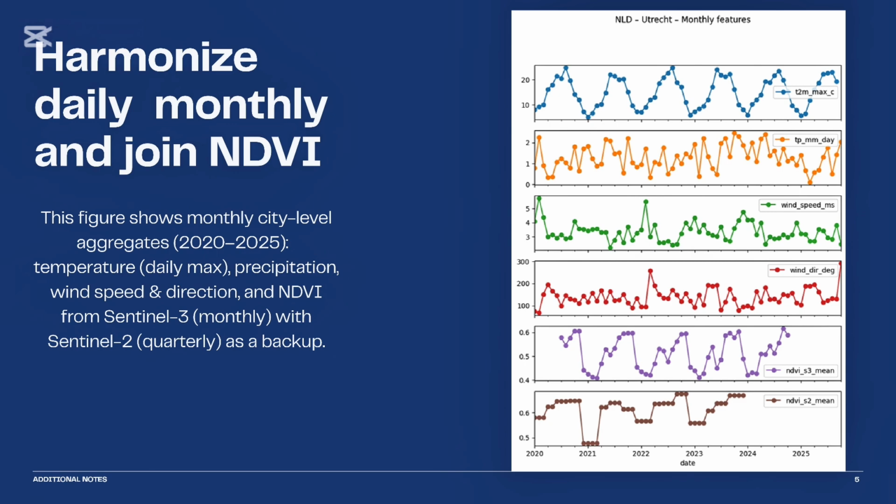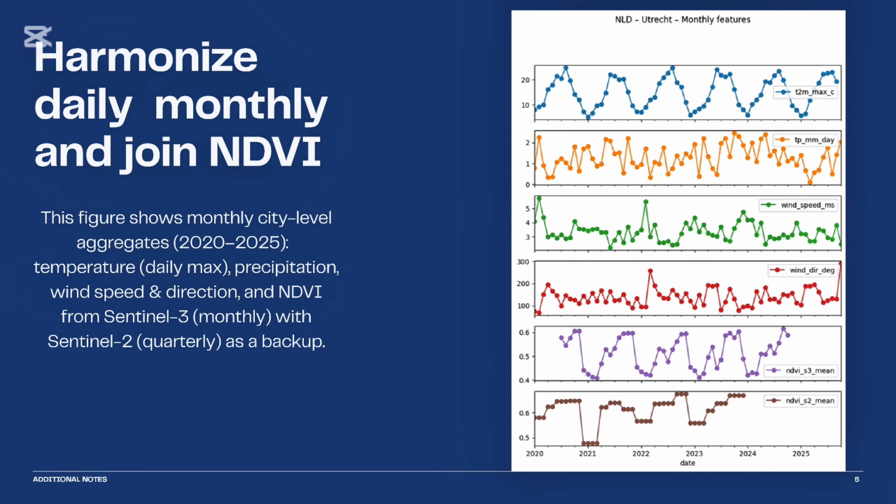With our raw data collected, the next critical step was harmonization. We couldn't compare daily climate data with quarterly vegetation data directly, so we processed everything into a single monthly feature matrix, which you see in these plots. We aggregated the daily ERA5 data like max temperature, precipitation, and wind into monthly means.